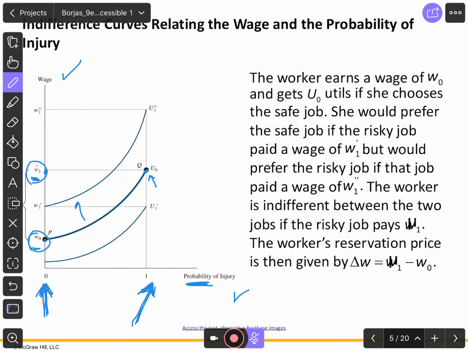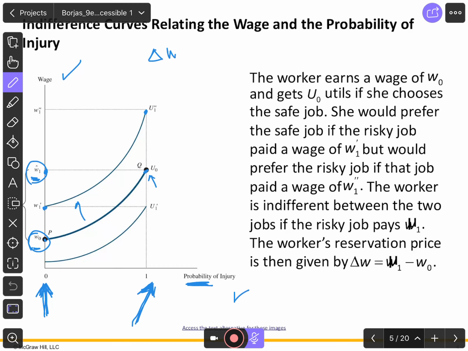This is a higher preference, which is W1 prime. If the worker is here, then this is a higher preference, and again a higher wage. You can think of the wage differential; this is exactly what the topic is about.